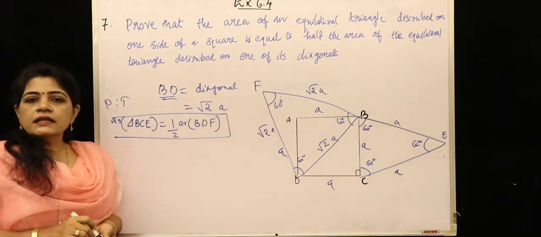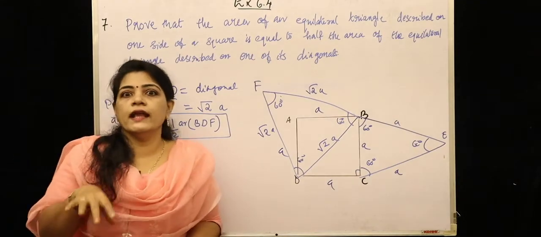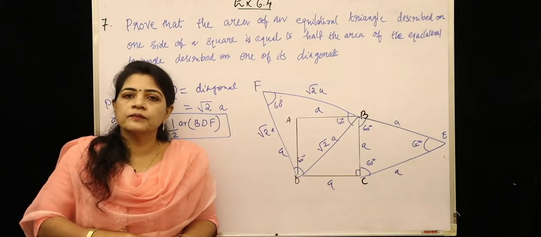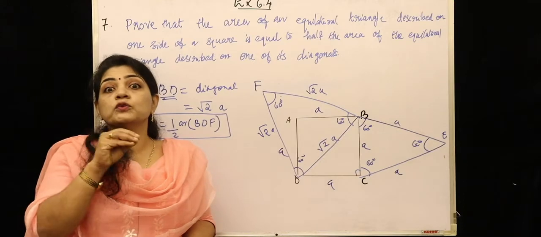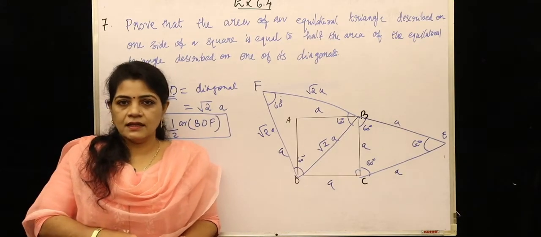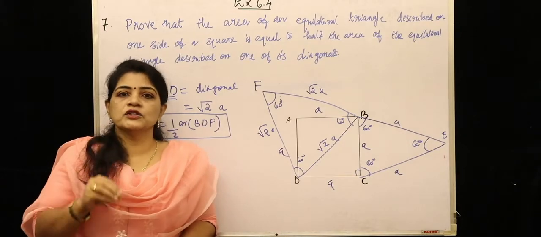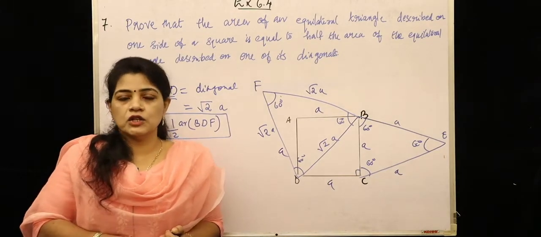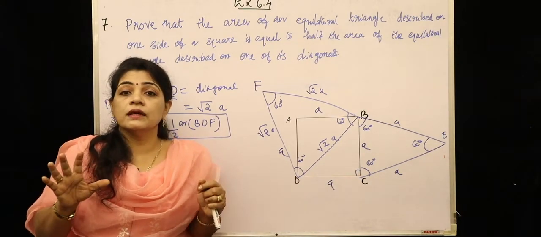See children, this problem is based on area. We have the area ratio theorem. What is that? The ratio between the areas of two similar triangles is equal to the square of the ratio of their corresponding sides. In order to apply this area ratio theorem, the first condition is that the triangles must be similar.